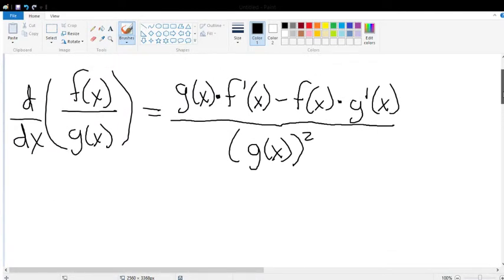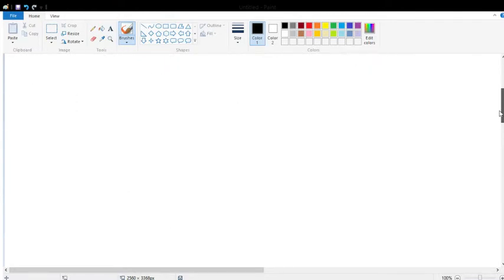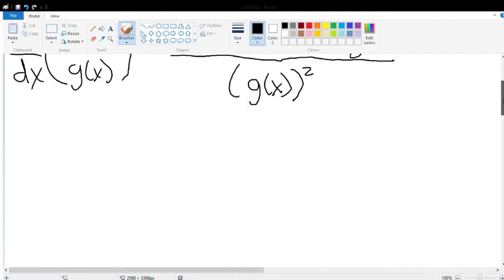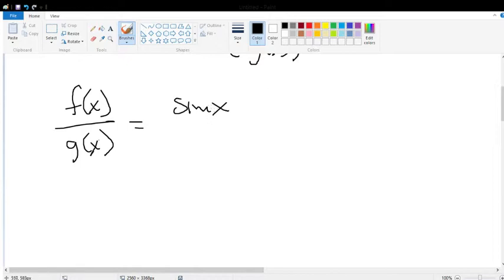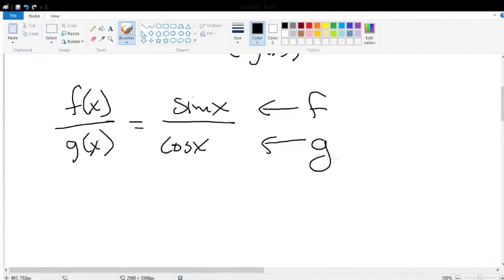So this is the quotient rule, and you use it when you have a function divided by another function, right? An example of this is sine of x all divided by cosine of x. This is one function, this is f, and this is g, right?